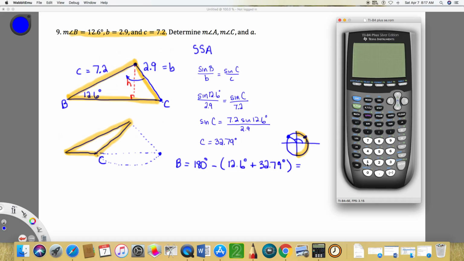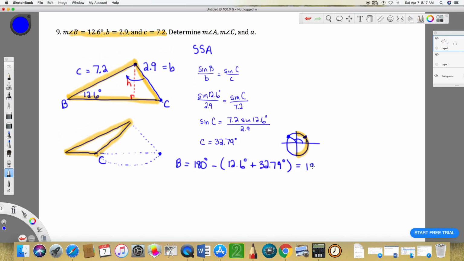So we've got 180 minus the sum of 12.6 and 32.79. 134.61 degrees.